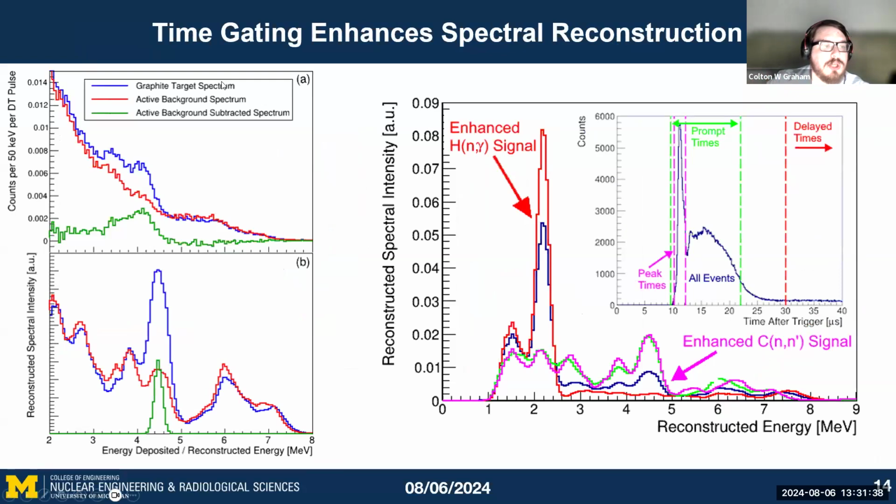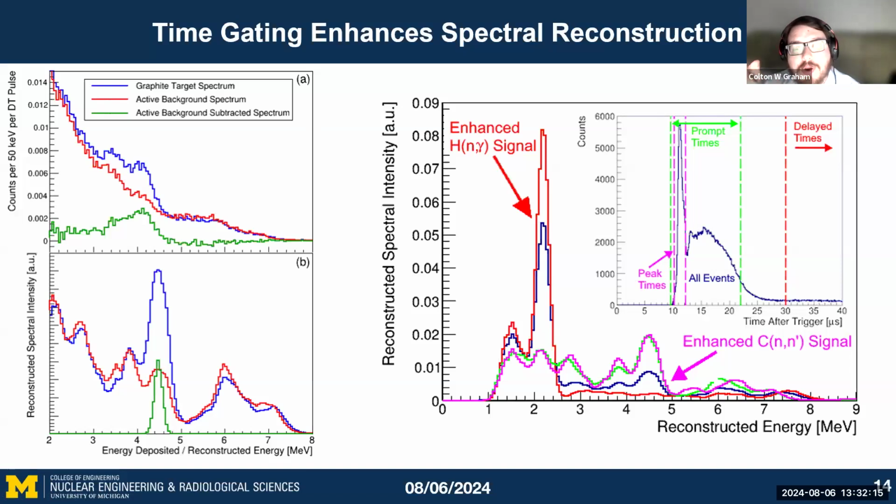On the left here, we show in the A subfigure the measured light output spectrum normalized to the number of DT generator triggers in order to try to normalize these light output spectra to the actual neutron flux. And then in the bottom here, we show the reconstructed spectra from each of those. And you'll note that after doing the active background subtraction, shown in green, and then reconstructing it, we successfully have only a single peak, which is at the energy that we anticipate.